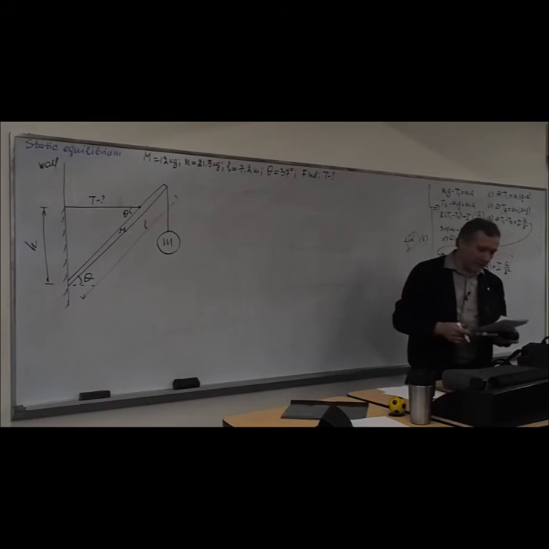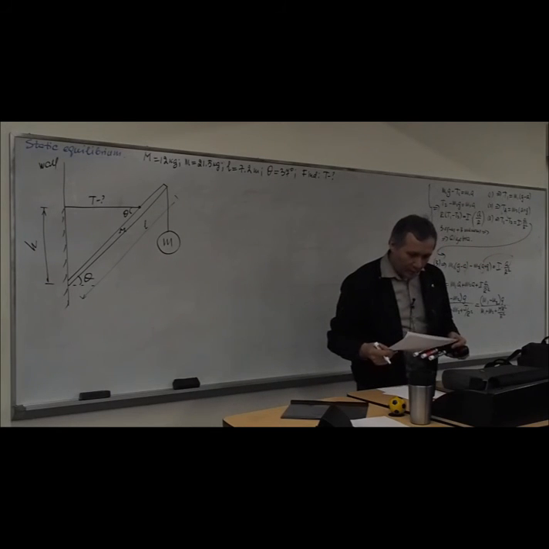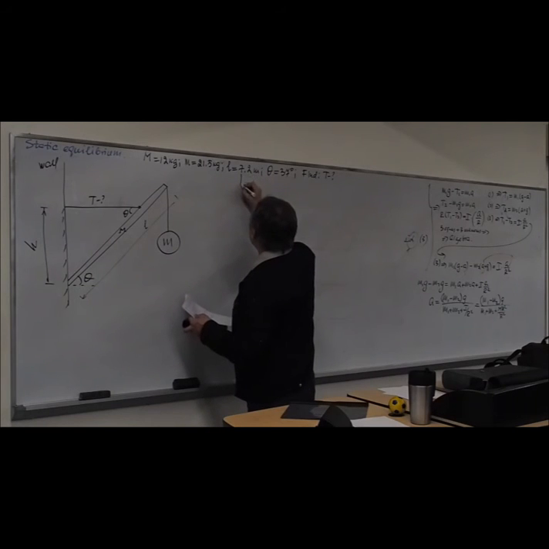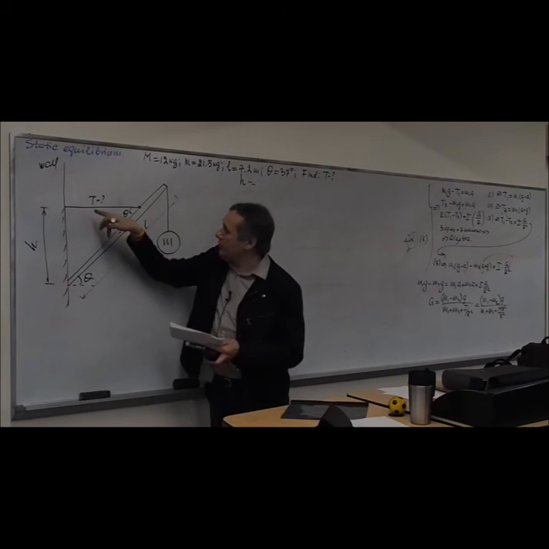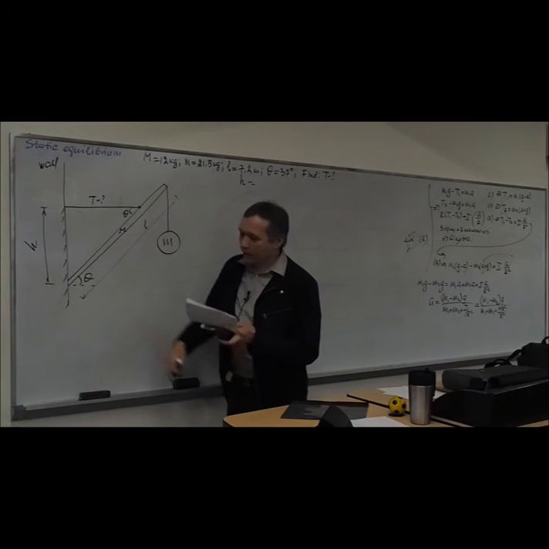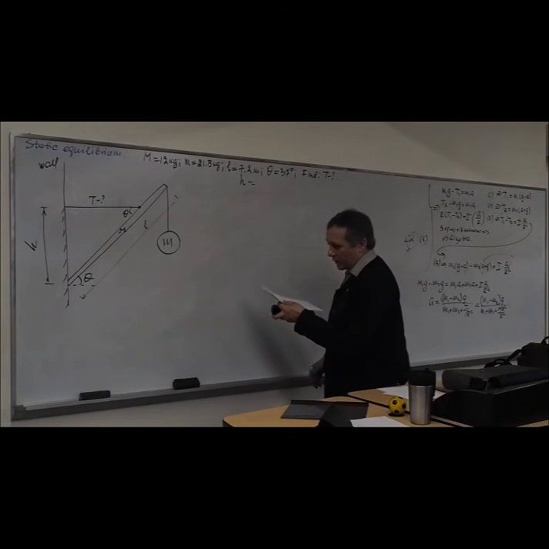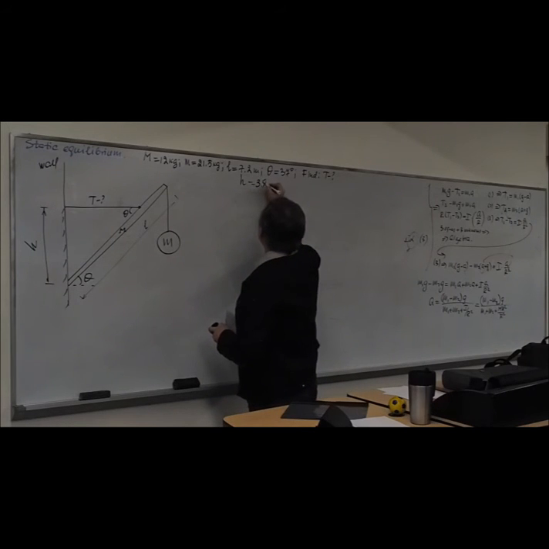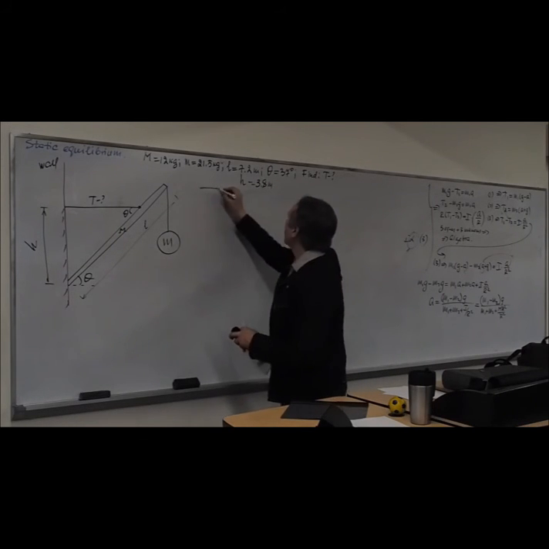But for now, just that tension. Here, H. I did not write down what is H. H is this height, between this cord and the point of contact with the wall. H is 3.8 meters.